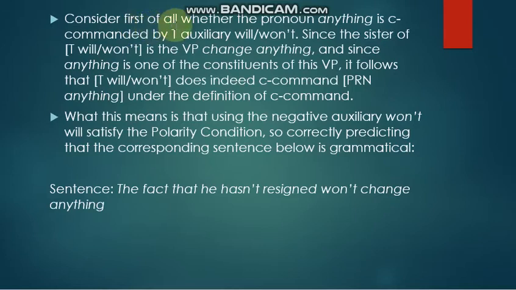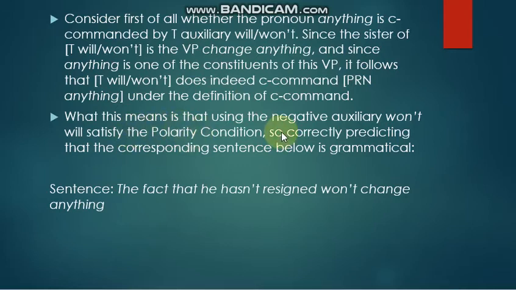Now consider first of all whether the pronoun anything is C-commanded by the tense auxiliary will or won't. Since the sister of won't is the verb phrase change anything, and since anything is one of the constituents of the verb phrase, it follows that won't does indeed C-command the pronoun anything under the definition of C-command.